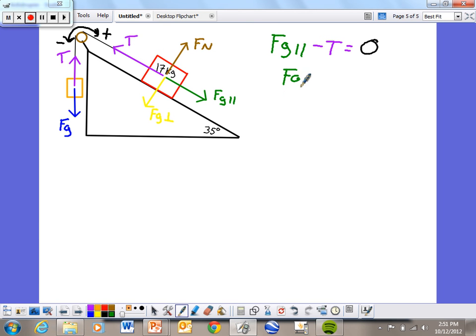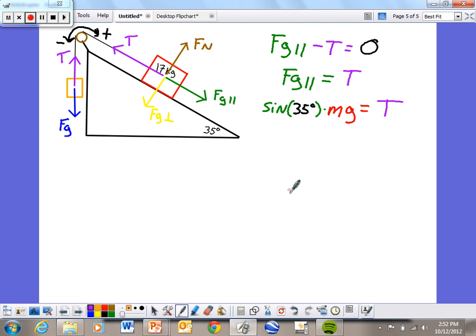Algebra then tells me that the force of gravity parallel has to equal that force of tension. We have an equation for the force of gravity parallel, and that is the sine of the angle of the hill, which is given at 35, multiplied by the force of gravity itself, which is the mass of the block times 9.8. That's going to equal the tension right here.